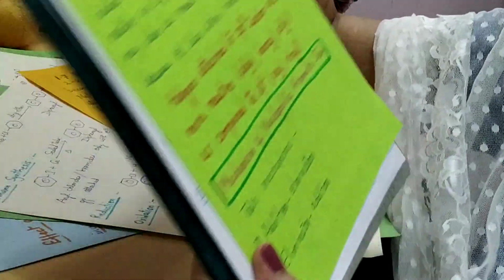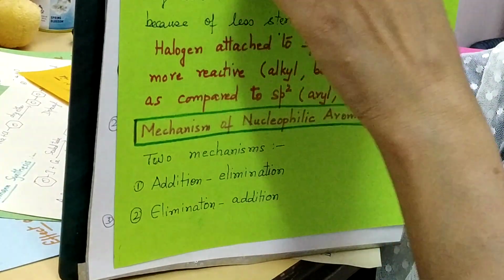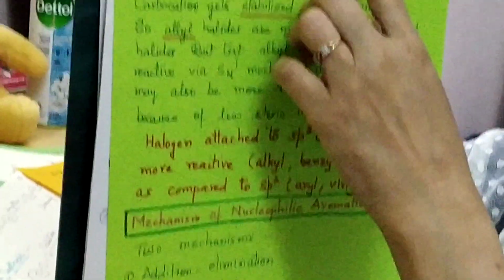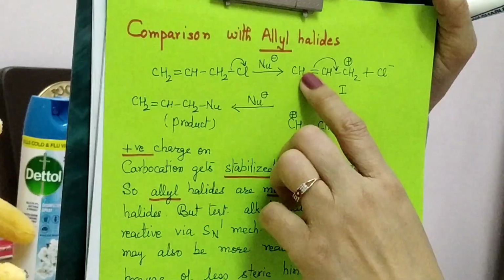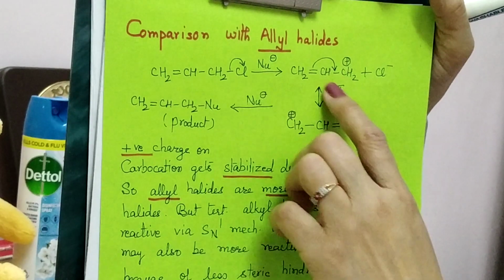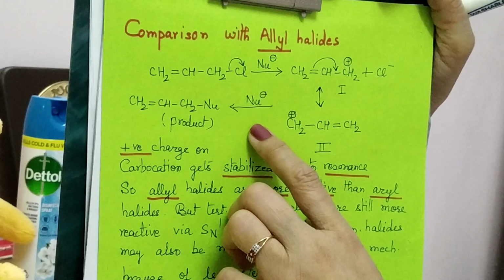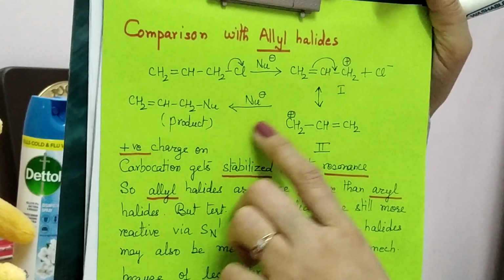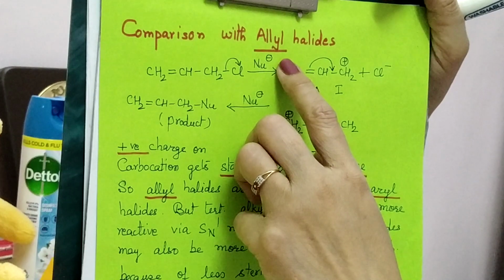If we take the case of allyl halides, they also show resonance, and because of resonance here, the carbocation which will be formed is stabilized and that will favor the nucleophilic substitution reaction, and therefore allyl halides will be more reactive.